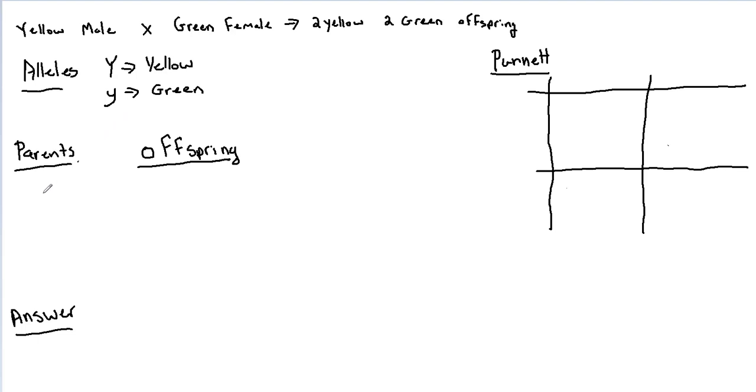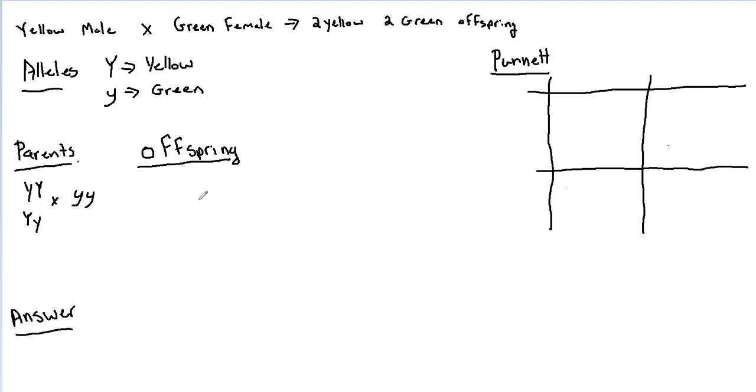Let's see, we've got a yellow male. Well, that is either going to be capital Y, or could be capital Y, lowercase y, so we're not sure about that male, but we do know the green female. Recessive. So that's known for sure.